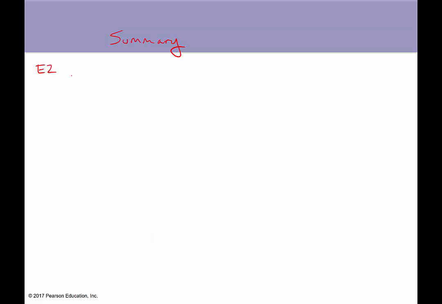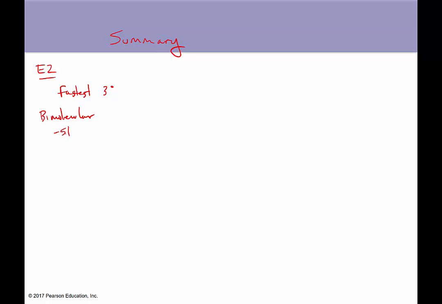E2 reactions. Okay, we'll go kind of in reverse order, perhaps because it makes more sense to me that way. Fastest is tertiary alkyl halides. For elimination reactions, it's bimolecular for E2.